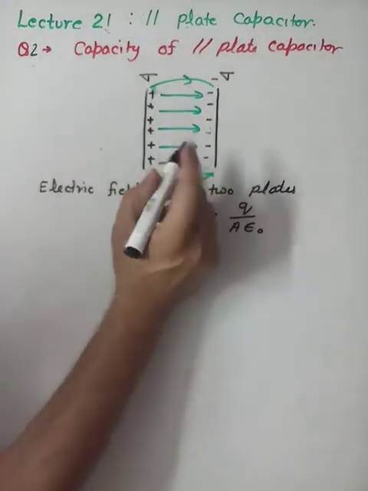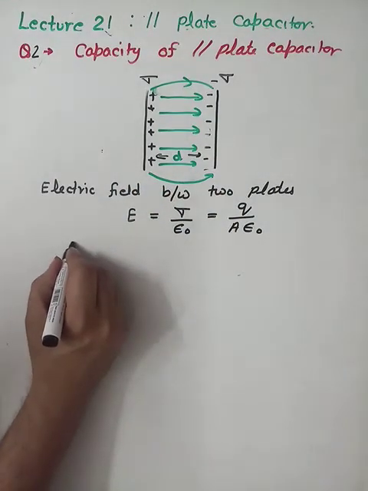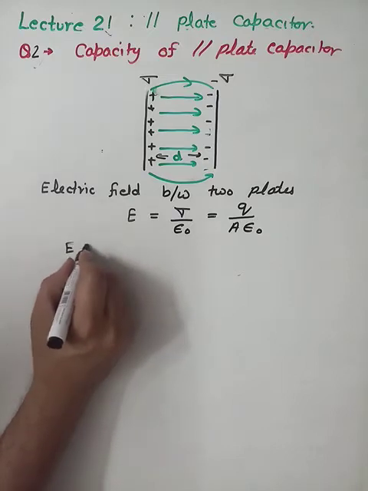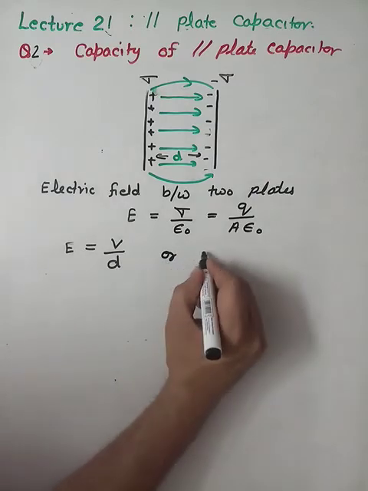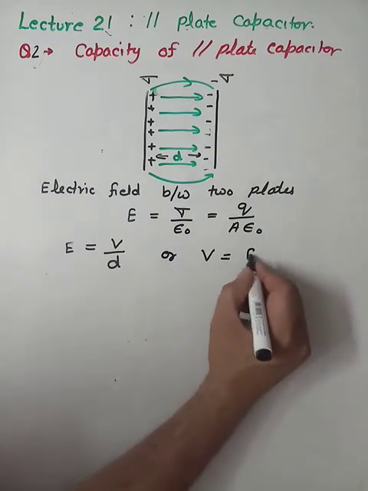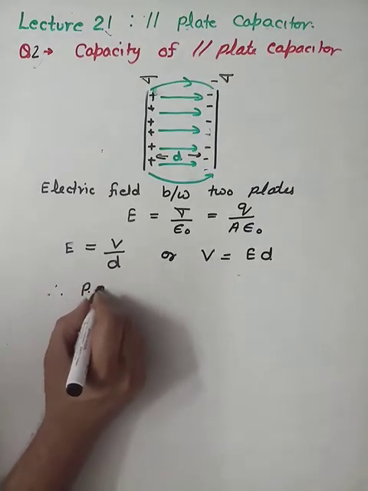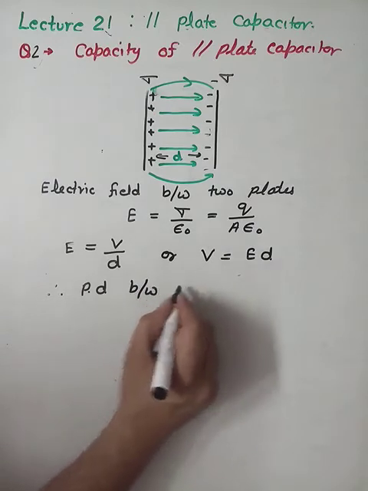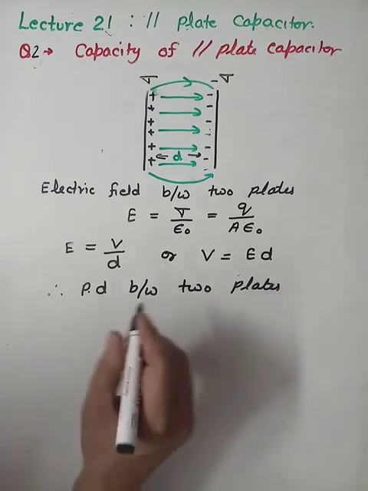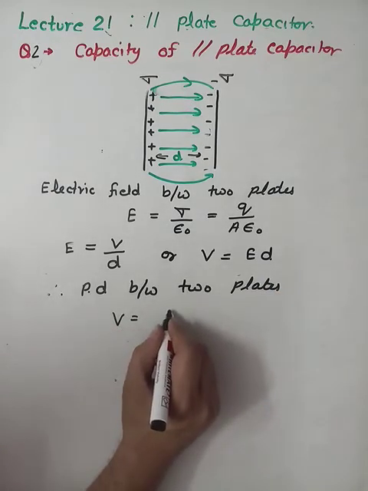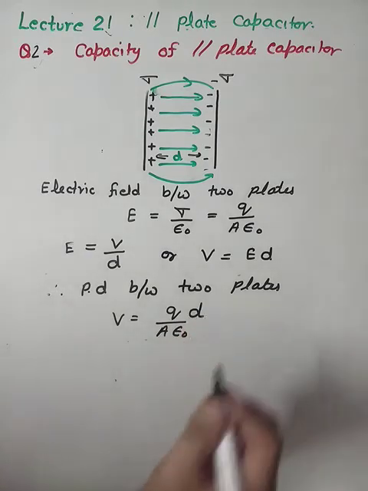Now if we know the separation between the two plates, we can find the potential difference. Electric field E is equal to V by d, or we can get V equals E into d, that is, the potential difference between the two plates is given as V equals Q upon A epsilon naught into d.